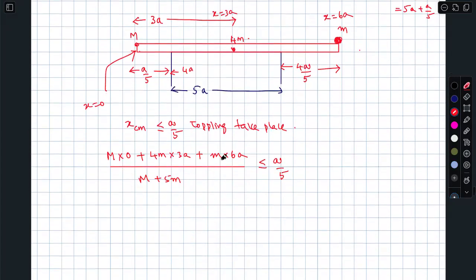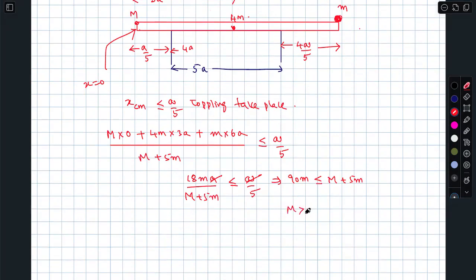Here, 12 plus 6 is 18, so 18 times ma by capital M plus 5 small m is less than or equal to a/5. A cancels from this. I can write 18 times 5, 90m, less than or equal to M plus 5 small m.